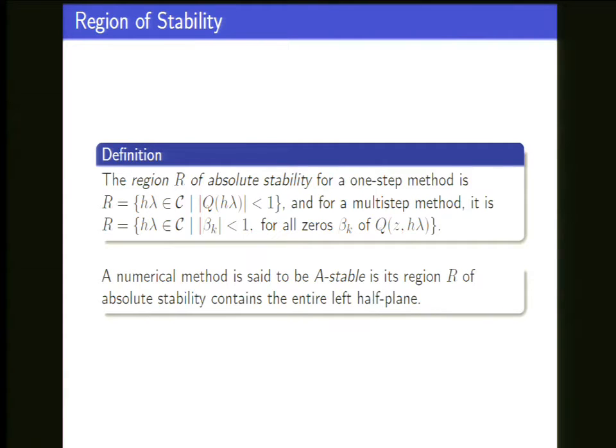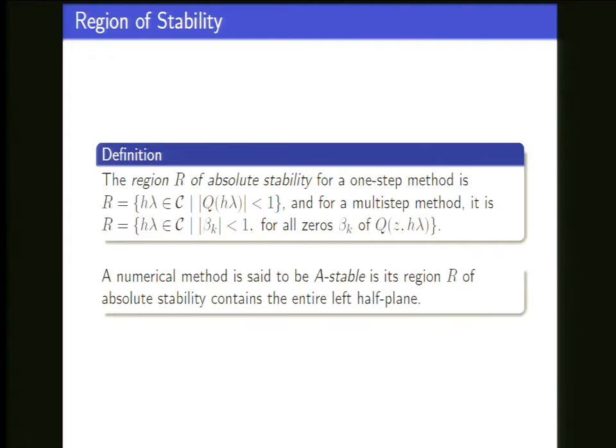We get w i plus 1 equals w i plus h half times lambda w i plus 1 plus lambda w i.